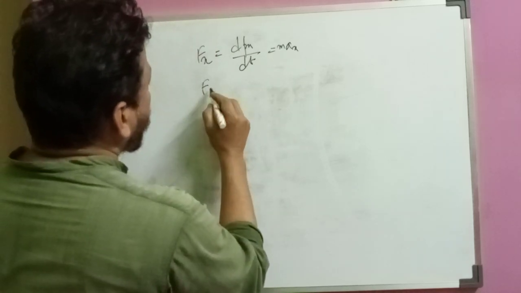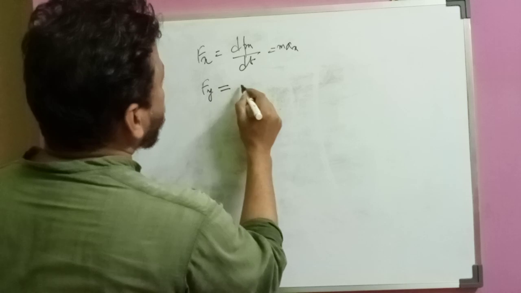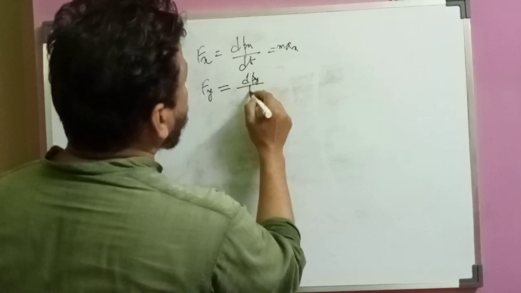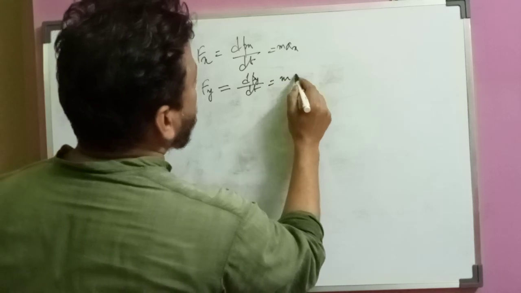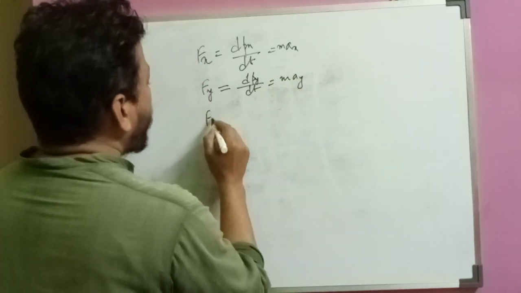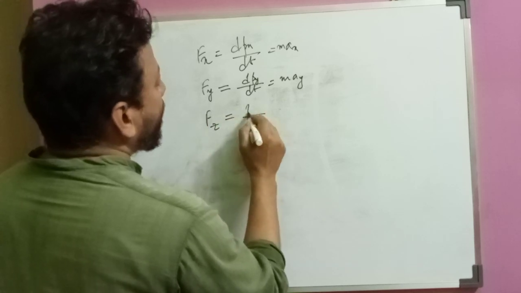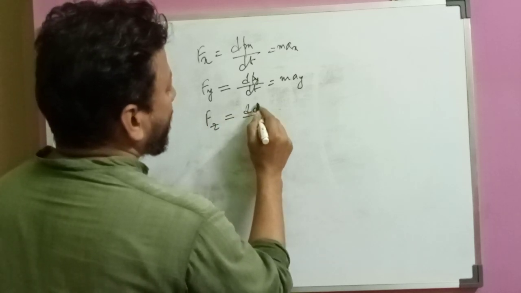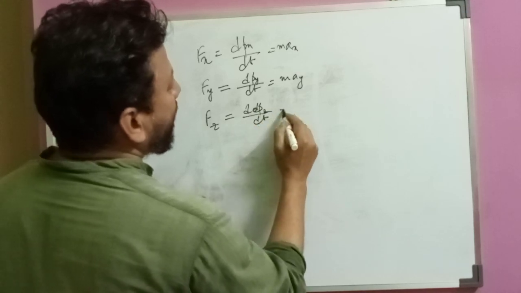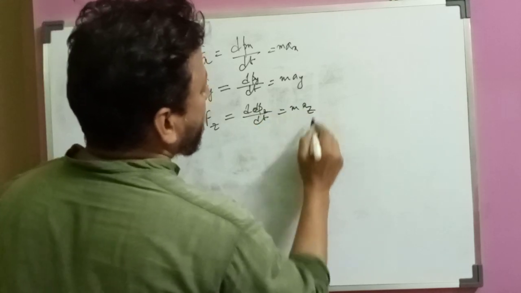Similarly, Fy will be dPy by dt, equal to m ay. And Fz is dPz by dt, equal to m az.